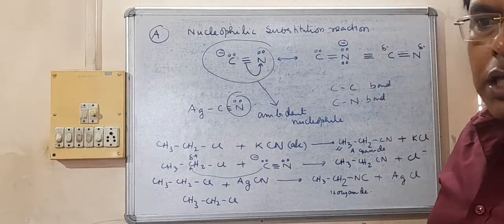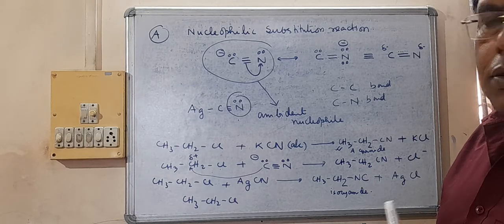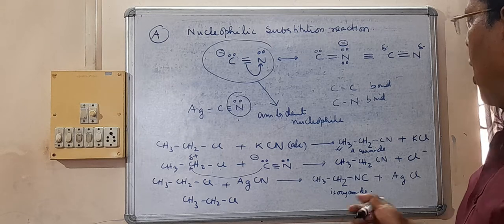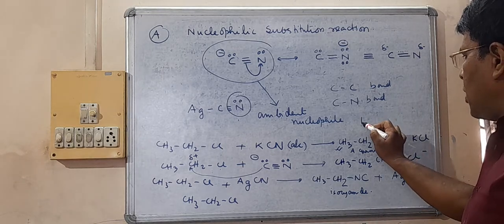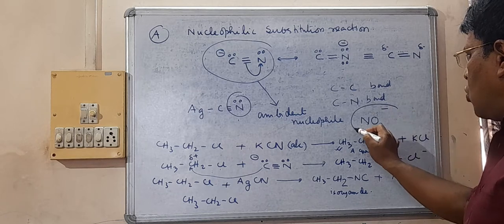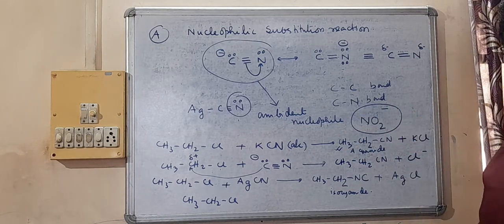So if you are asked to give an example of an ambident nucleophile, it is CN minus. CN minus is an example of an ambident nucleophile. Another example I am telling you is NO2 minus. NO2 minus is also an example of an ambident nucleophile.